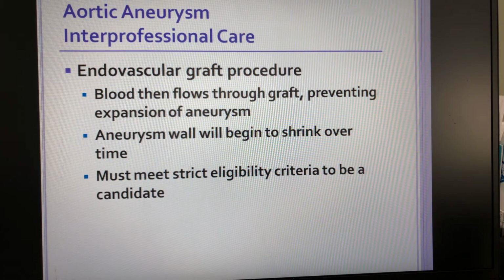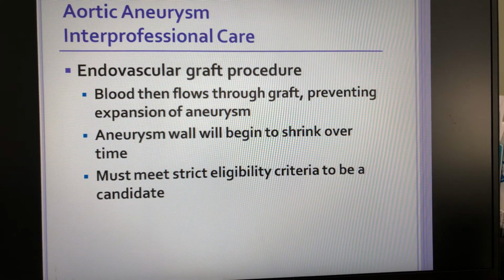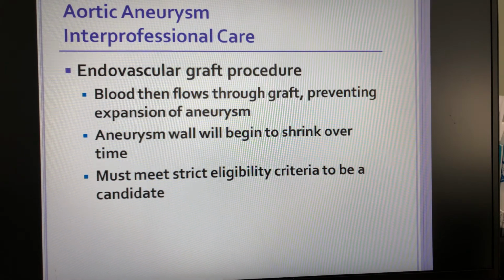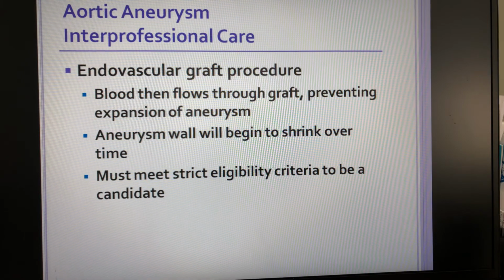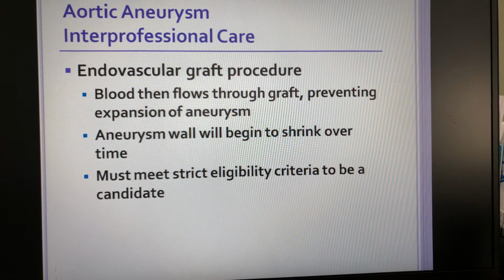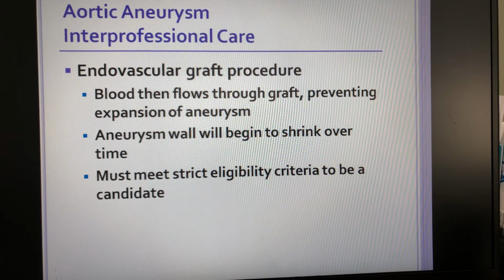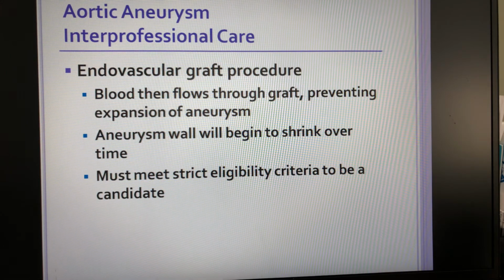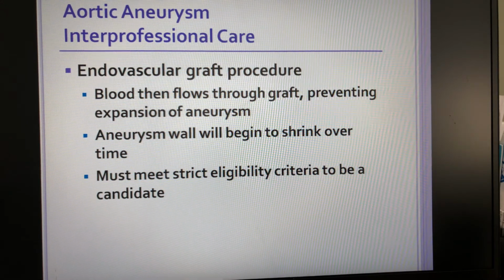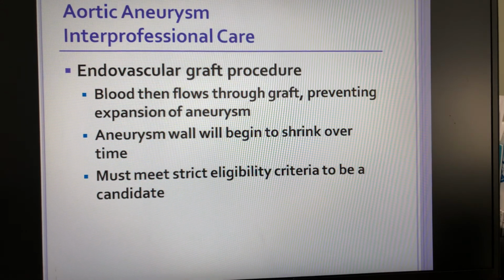With the endovascular graft procedure, we want to include the iliofemoral vessels in the criteria, because that will allow for safe graft insertion, and vessels of sufficient length and width to support the graft.